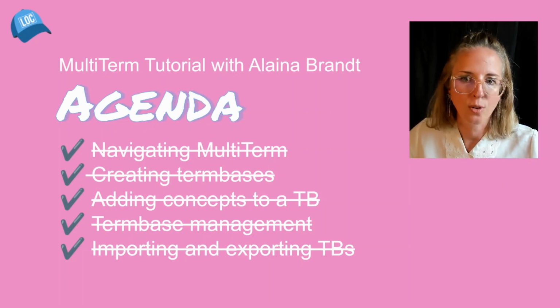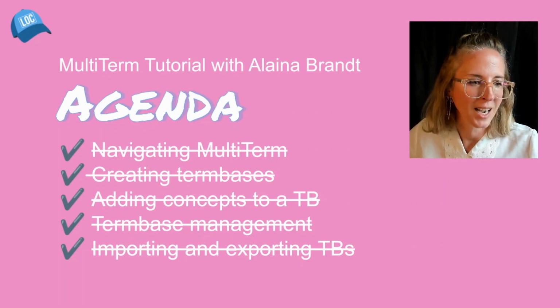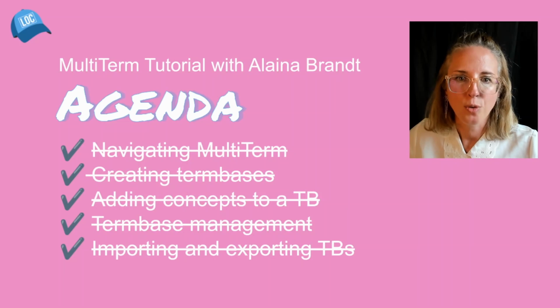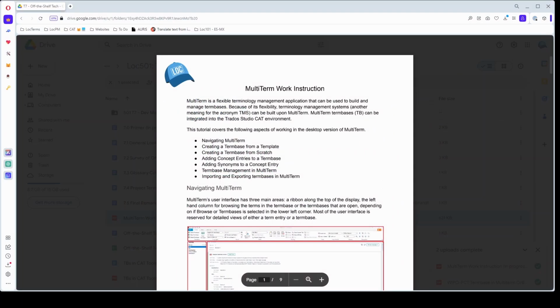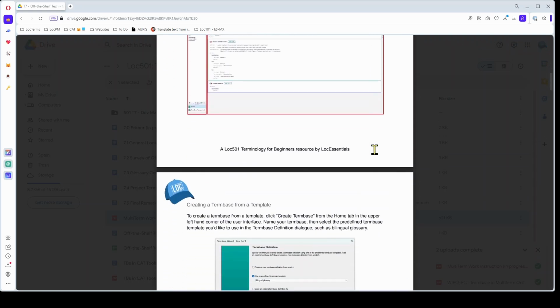I'd also like to note that we're at the conclusion of the set of tutorials on MultiTerm. If you are enrolled in the LOC 501 Terminology for Beginners course, you have all of this information in a MultiTerm work instruction in the course contents.